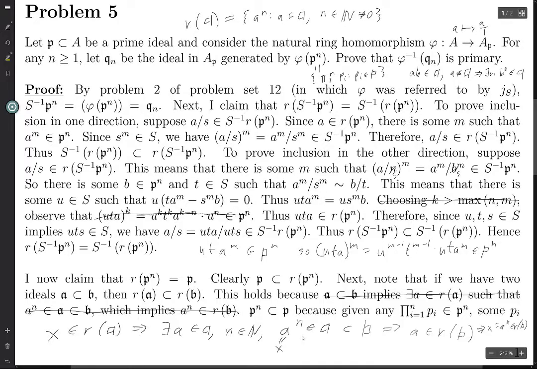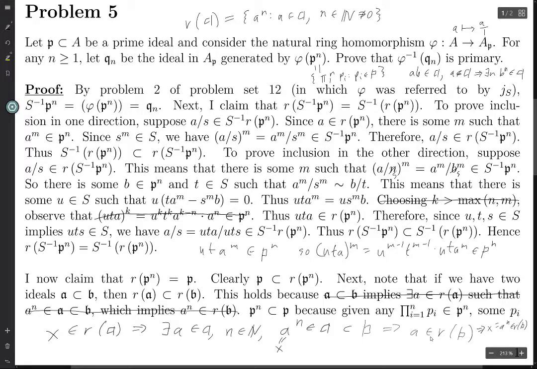So x equals a to the n, but a is contained in B, so a to the n is contained in B, which means that a is contained in the radical. And since ideals are closed under multiplication, raising a to the power of n keeps it in the radical, but then x is precisely a to the n. Okay, so therefore x is in the radical of B, and this holds for any x in the radical of A. Therefore, the radical of A is contained in the radical of B.